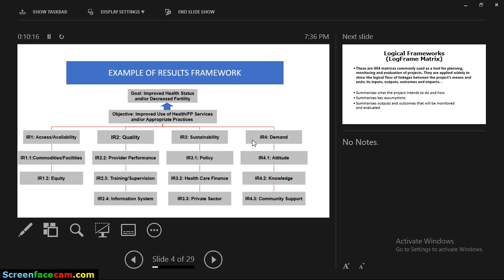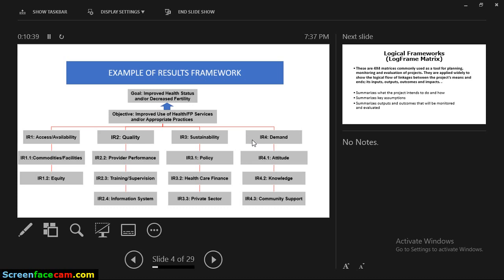This framework, being a results framework, starts viewing things from the result side. It doesn't care about what you are going to do. It doesn't care about the resources that you are going to put in. It only cares about what you are going to see from the combination of your resources and the activities. As simple as that.